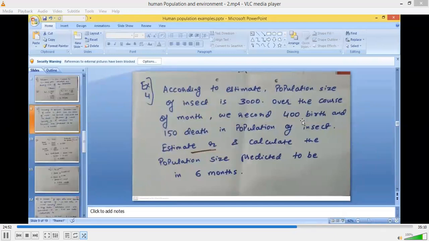Estimate R, that is the rate of growth, and calculate the population size predicted in a 6 month period. So in 6 months, what is the population that you have to predict?